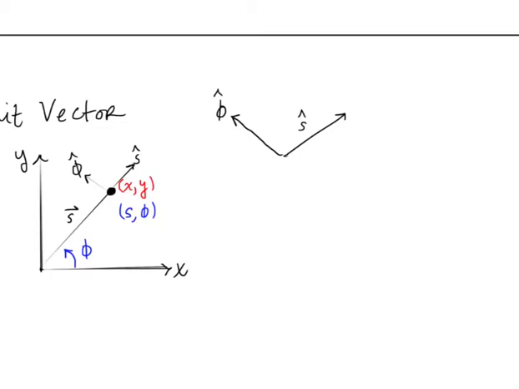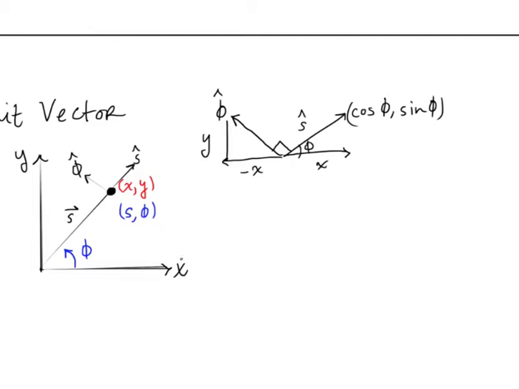It has components cosine phi, sine phi, right? And this sort of has the same x, but in the opposite direction, and it has the exact same y.